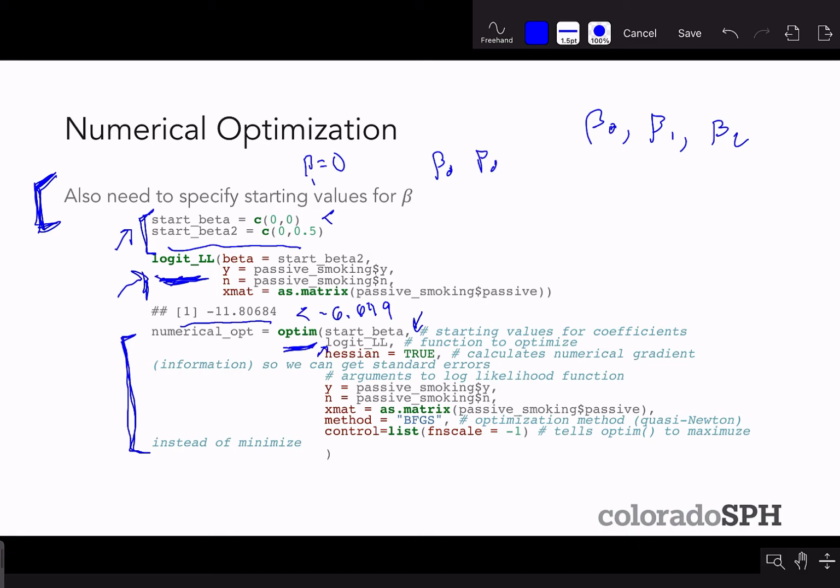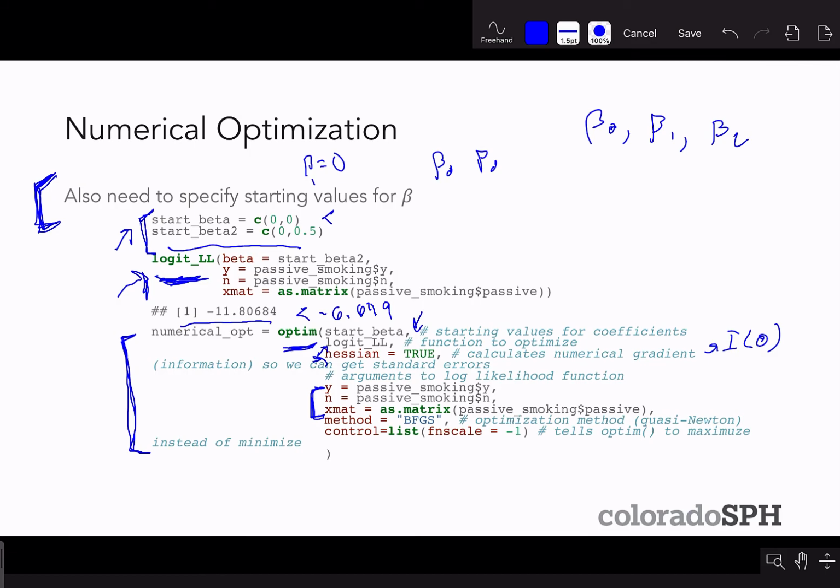This argument here, Hessian equals true. You can have Hessian equals true or Hessian equals false. When you have Hessian equals true, that calculates the numerical gradient or an estimate of the information matrix. So you can use that to obtain inference about your MLEs of beta. Then here, these are all plugging in arguments to the function that we defined above.